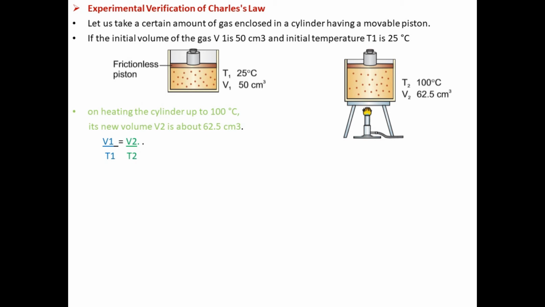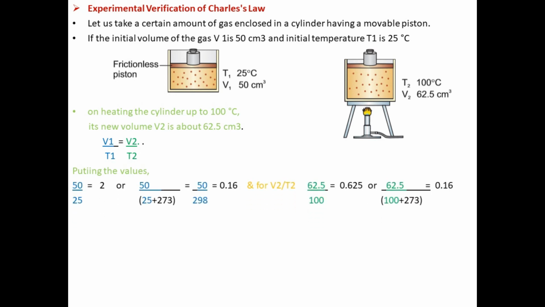As we have studied V1 over T1 is equal to V2 over T2, now we will prove this equation by putting the above values in it. V1 was 50 centimeter cube and T1 was 25 degrees centigrade.